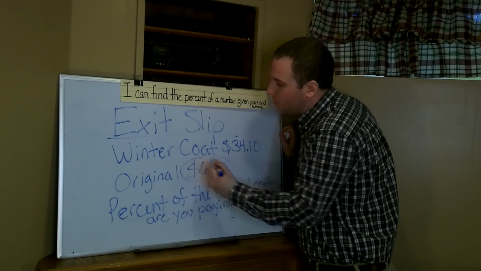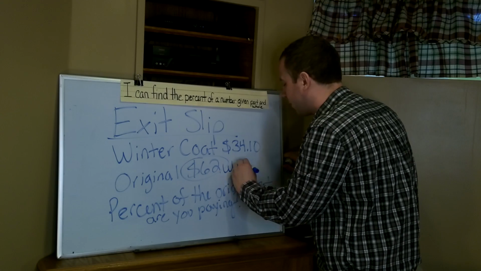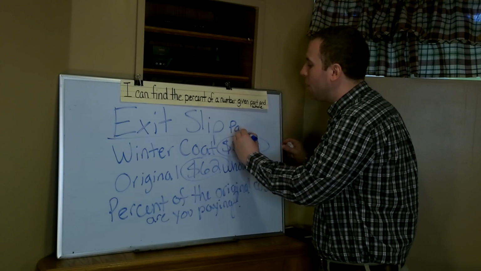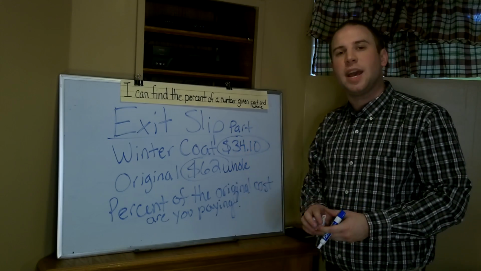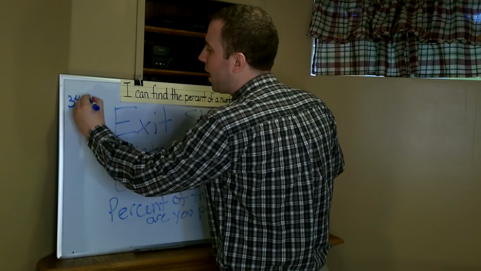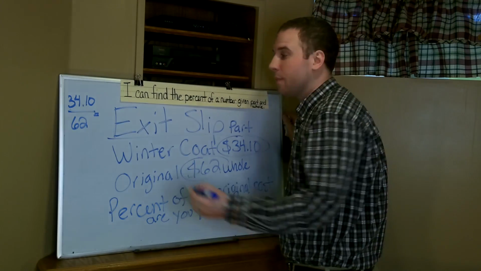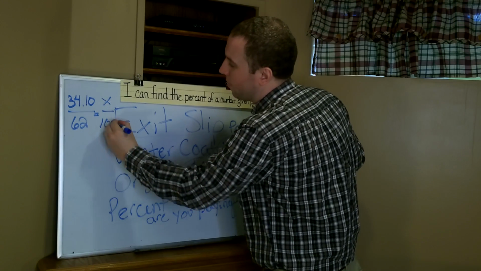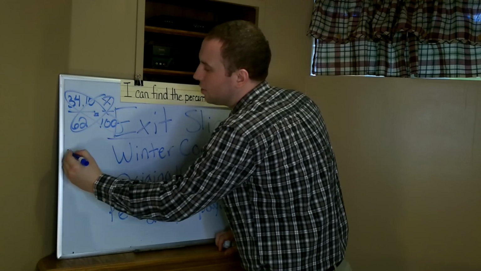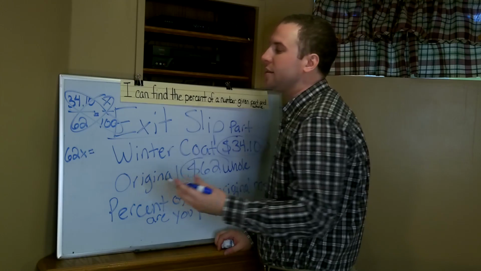Our original value is going to be $62. $62 we're going to mark as our whole. $34.10 we're going to mark as our part. So in setting this up, we can do $34.10 over 62 equals x over 100. Again, let's cross multiply, shall we? 62 times x will give me 62x, and $34.10 times 100.